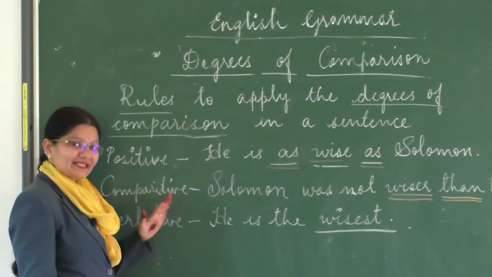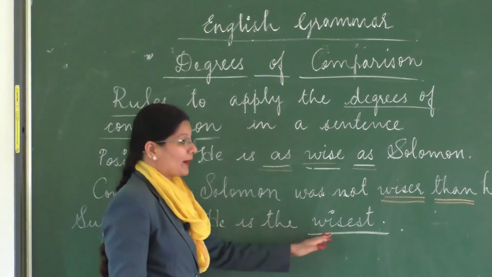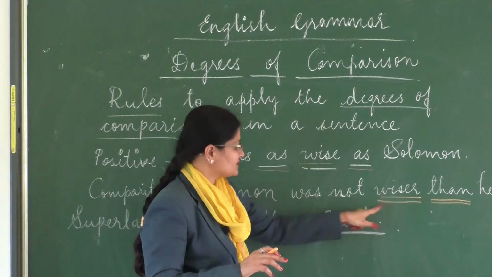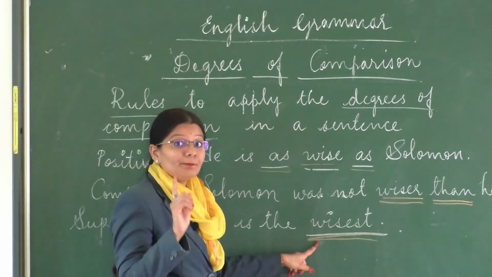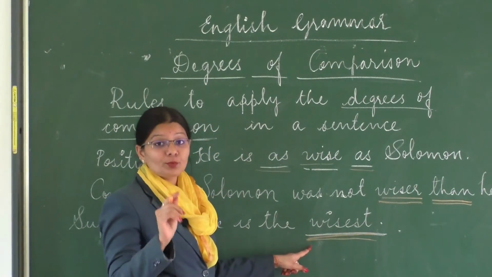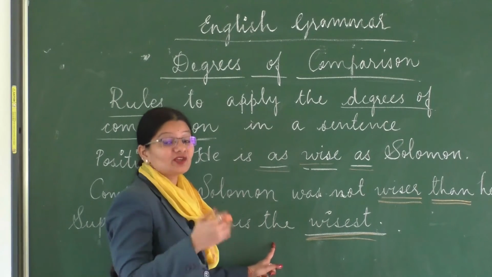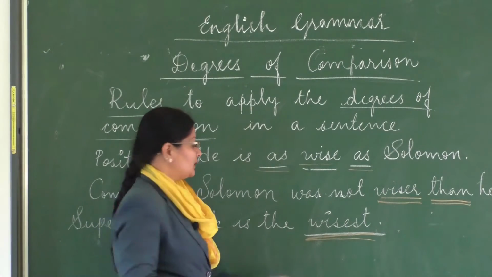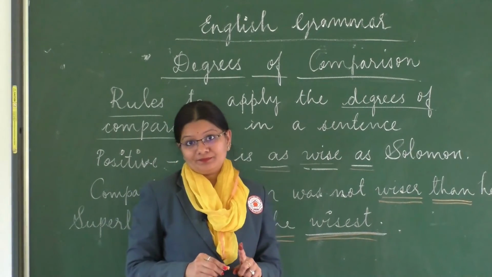Now let's look at superlative degree. It says he is the wisest. Yes, now we changed wise, wiser to wisest. So we have the superlative degree. But the most important grammatical rule here is to have the just before the superlative adjective form. So here it is the.